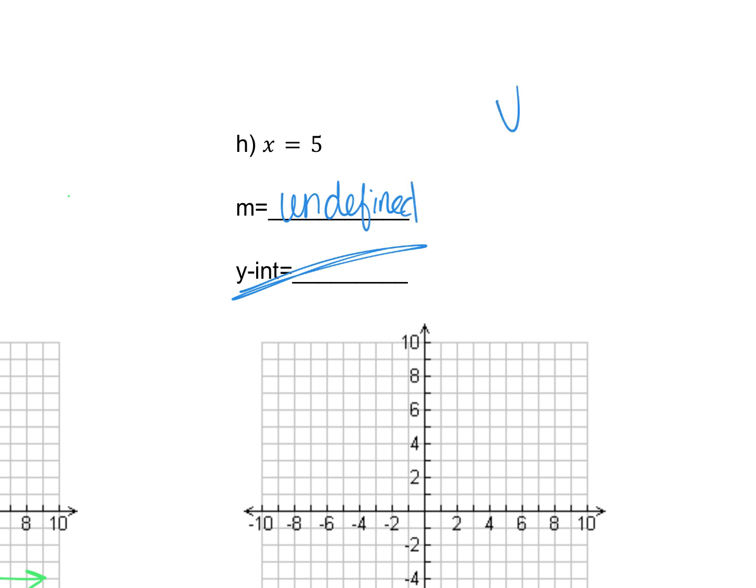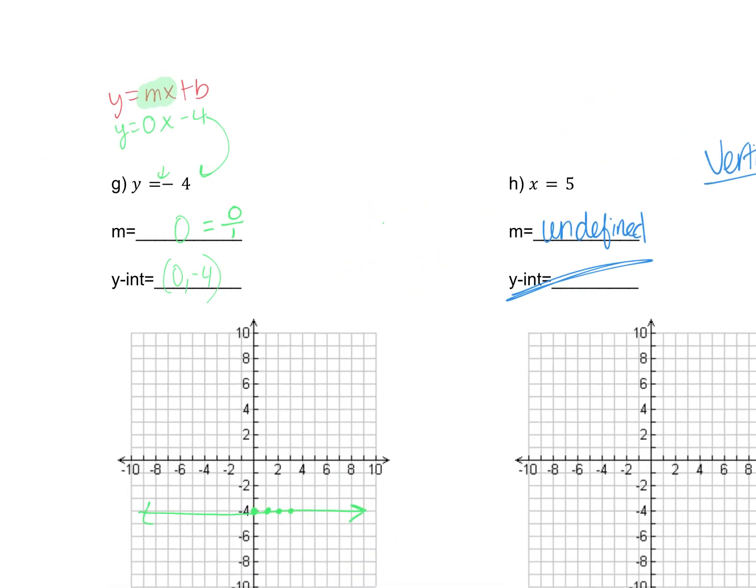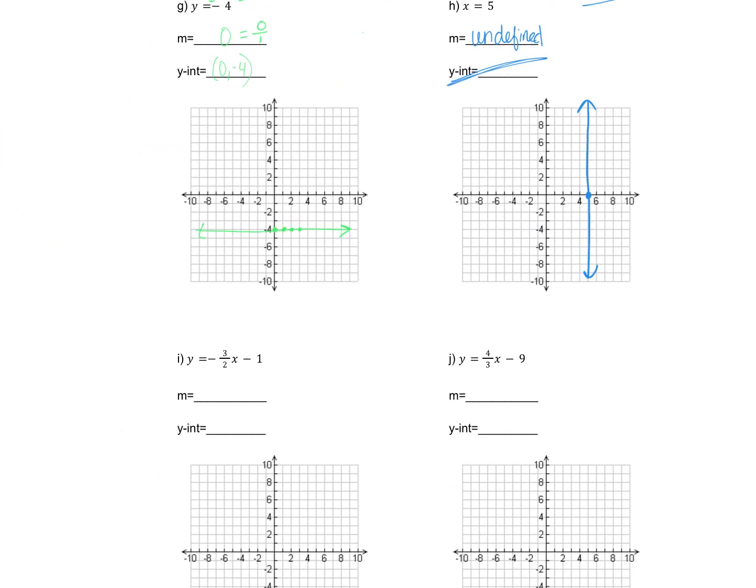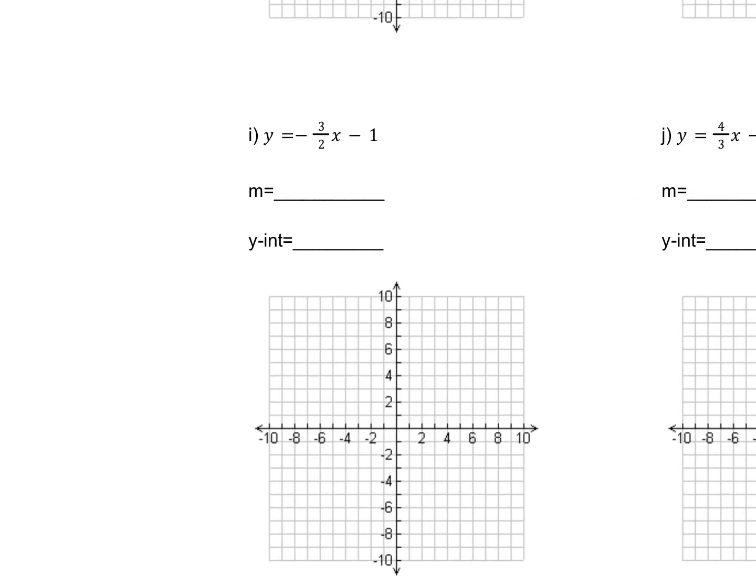Well, this is going to be a vertical line. Okay, so that last one was horizontal. X equals 5 is going to be a vertical line. So on the x-axis, go to 5. And then it's going to be a vertical line that goes through 5. Kind of cool, right? Okay, I'm going to do one more.